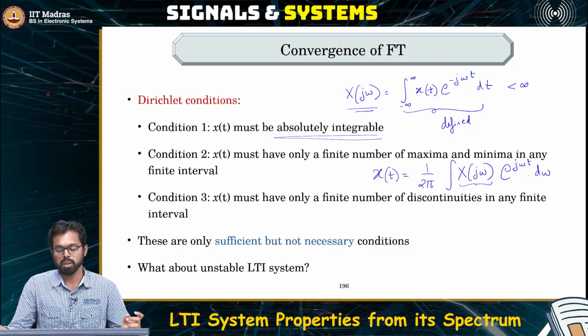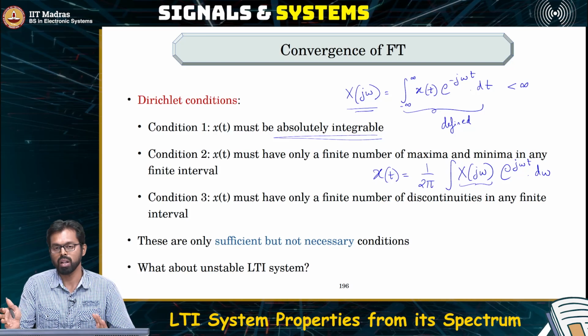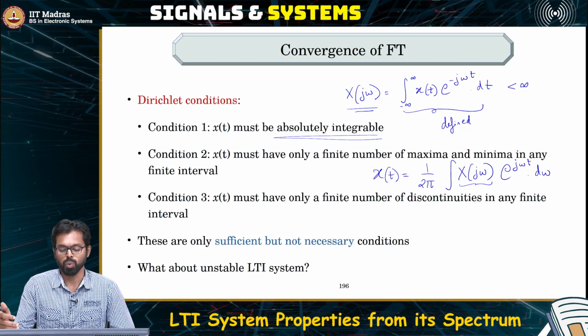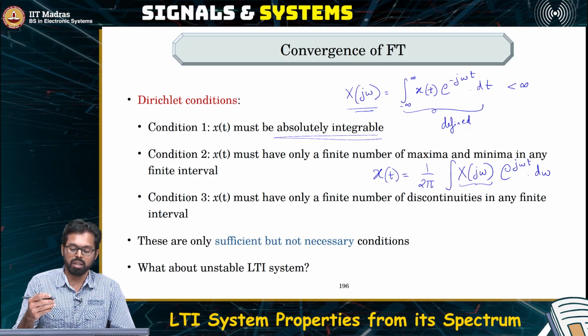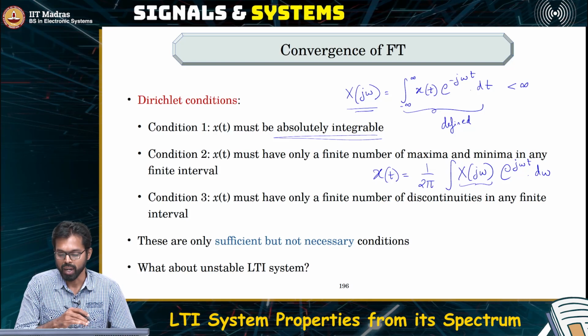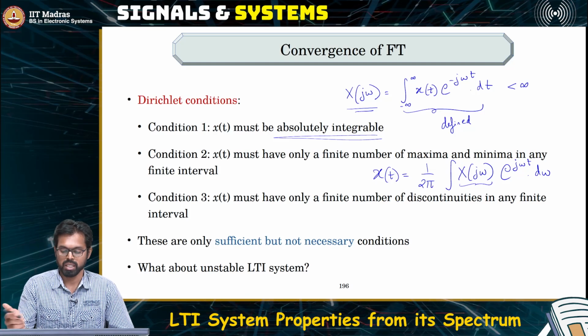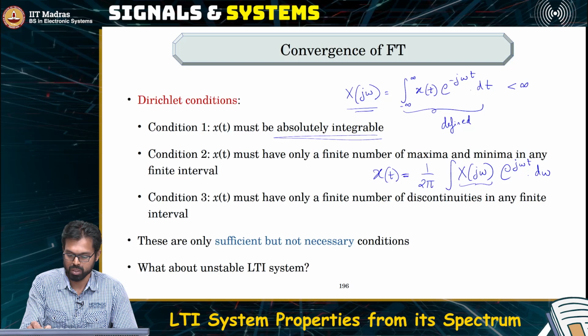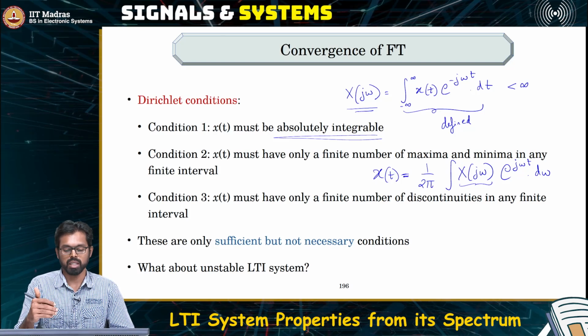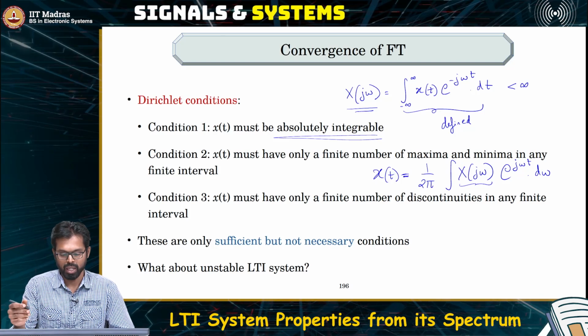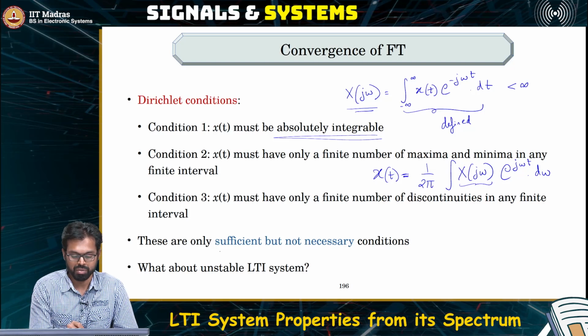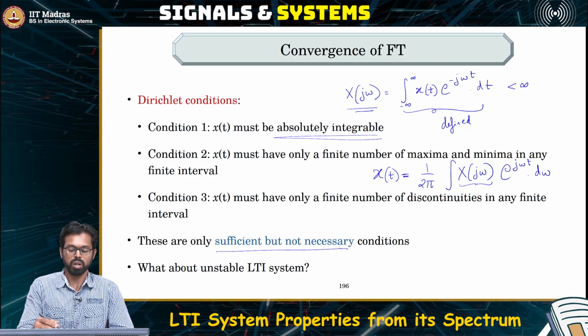So if there are infinitely many discontinuities, then the convergence will not happen. So there is a problem. So what we say is, we'll assume that there are only a finite number of discontinuities, and because there are only a finite number of discontinuities, we can still say that this equality holds. And this is the condition for which Fourier transforms will exist, but this is only a sufficient condition but not necessary. What does that mean?